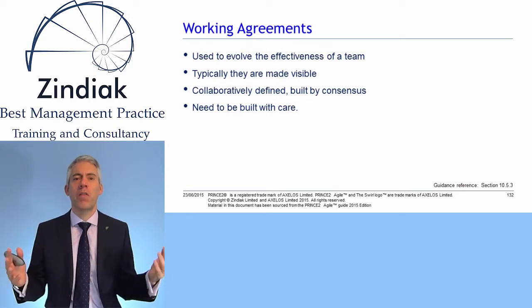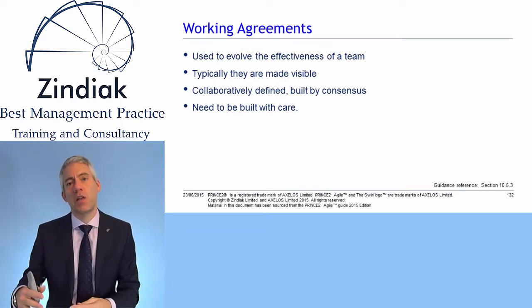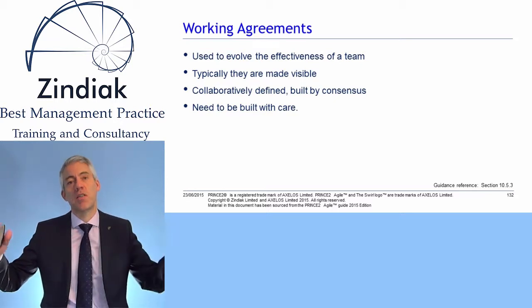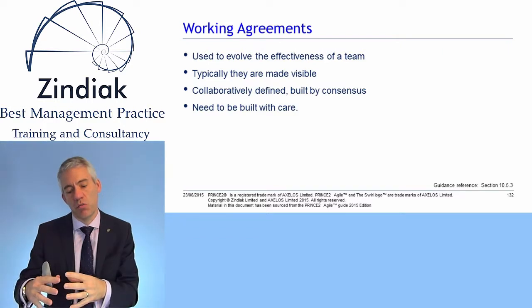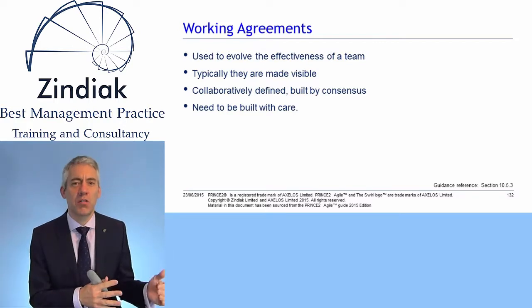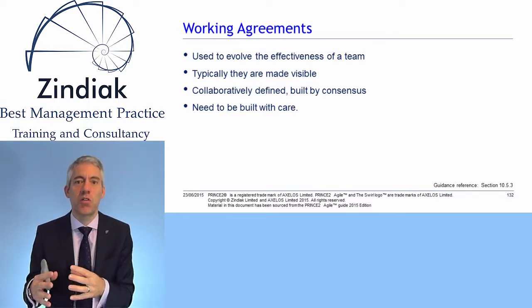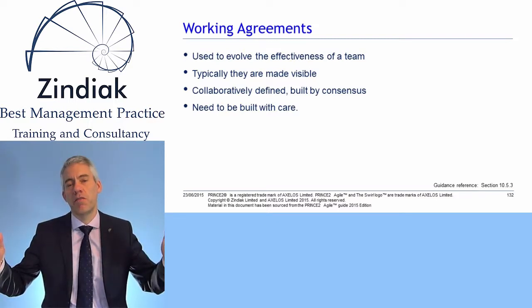Rather like we do with risk, when we're looking at risk on a project, we don't want to be looking at risks that are handled higher up in the organisation level. We just want to focus on risks to our project that aren't addressed elsewhere. And in working agreements, we really want to focus on specifics to our project, not things that are focused elsewhere.